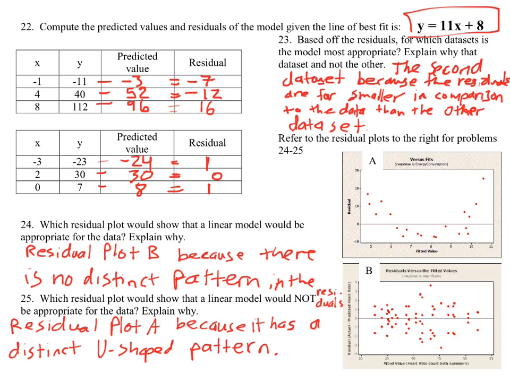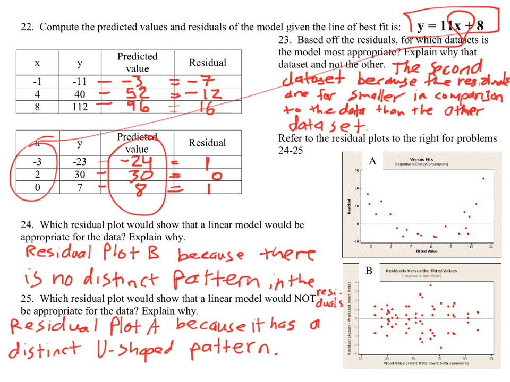Once you have the predicted values, you need to subtract them from the actual y values, and you get these numbers, which are called the residuals. You can just subtract them right across. -11 minus -3 gives you -7, and so on down the row. The same thing down here. We're using the exact same formula.